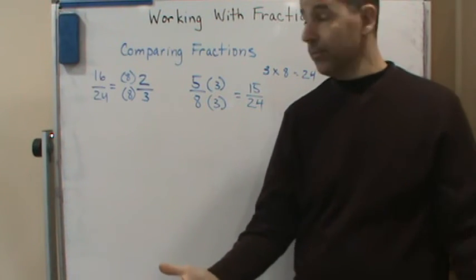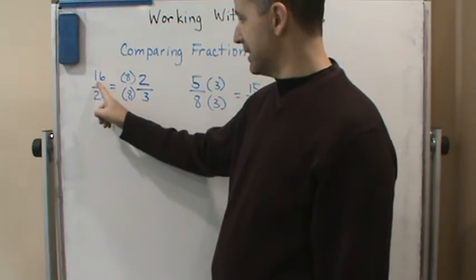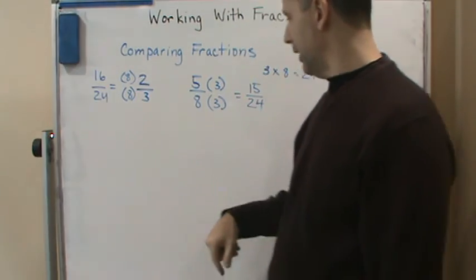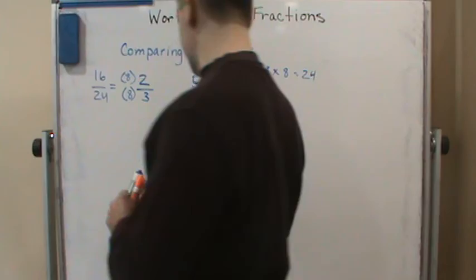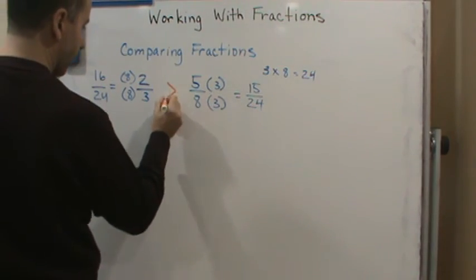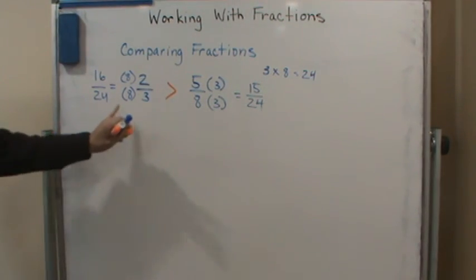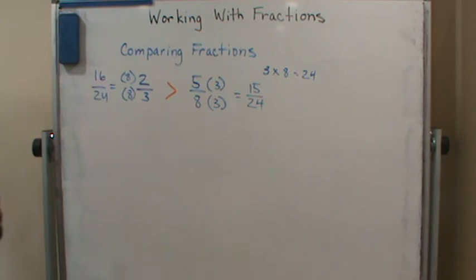Make sense? So I've got 16 24ths over here, and 15 24ths over here. That tells us that this one is greater than this one. And we're done.